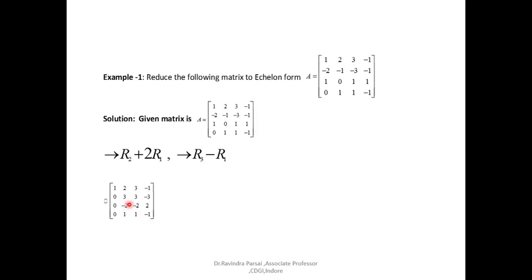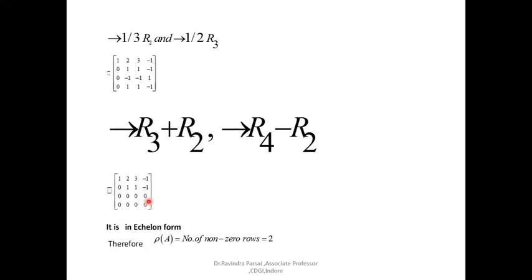Now since we know that the second row is divisible by 3, our objective is to reduce it to 1. That's why I apply 1 by 3 of R2 and 1 by 2 of R3 also.